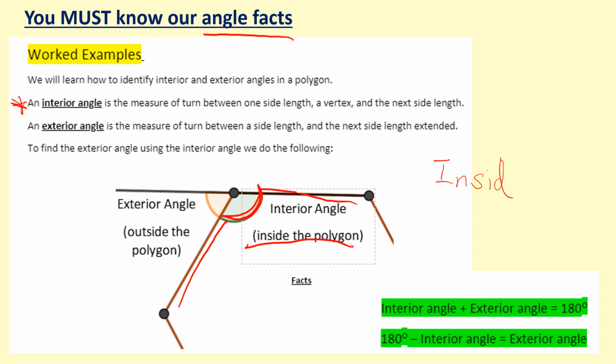Sorry, my computer lags a little bit sometimes when I'm using the pen. Then exterior is the measure of turn between a side length and the next side length extended. That's just its meaning again, and I'm just marking that in red again. And that's, as you can see, on the outside. And here's just another line to show that you would have a size of an angle here.